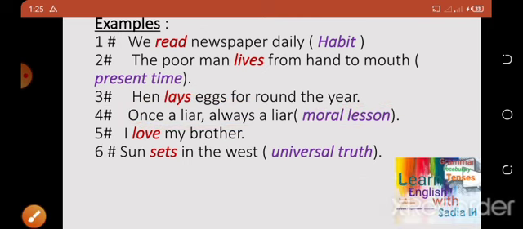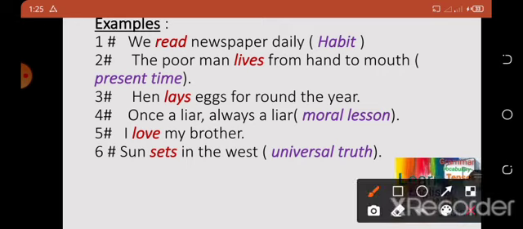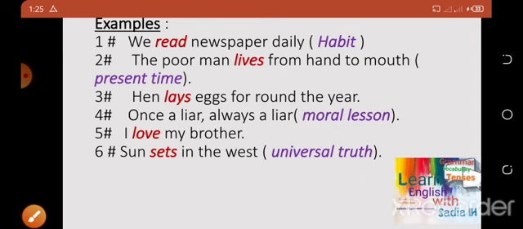I love my brother. As we have studied earlier, with I we never add s or es with the verb. So we don't add anything to the verb love. Sun sets in the west. It's a universal truth. You can't change it. It's universally acknowledged and it's a natural phenomenon.